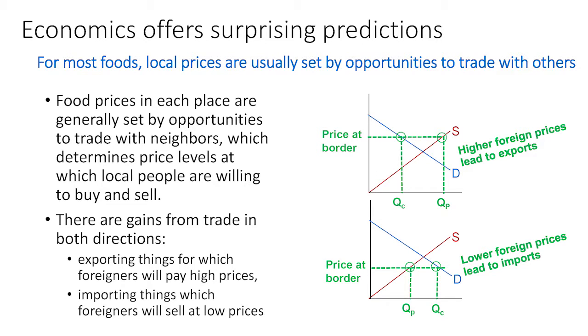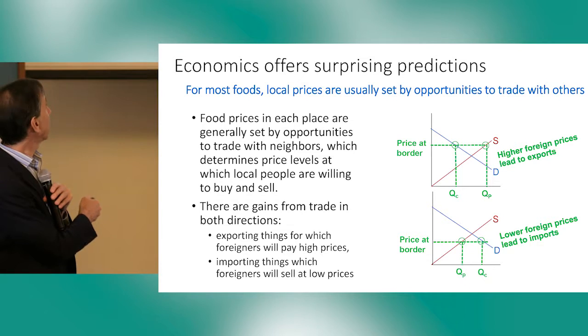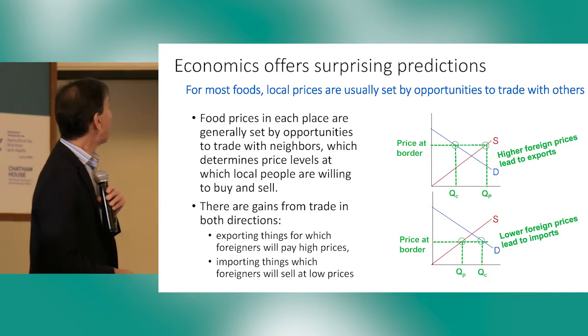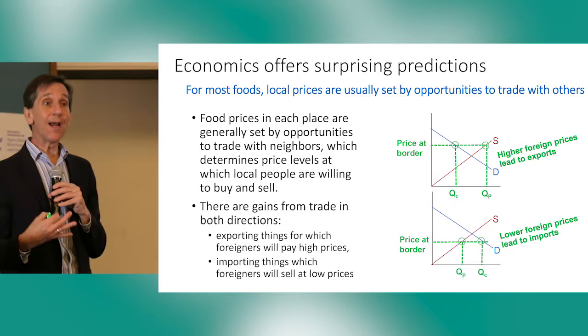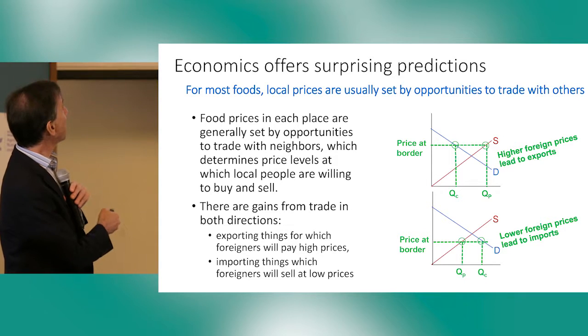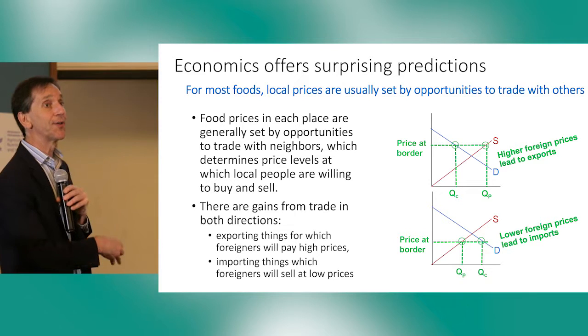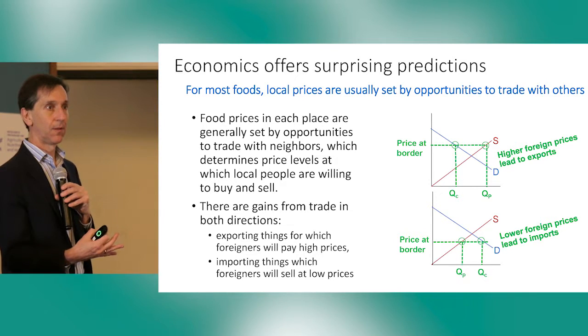So this is a prediction that is quite specific to economics because it's based on the marginal cost of production along the supply curve, and the marginal value along the demand curve. What's important about this framework is it allows us to think about what happens when this community encounters the rest of the world.